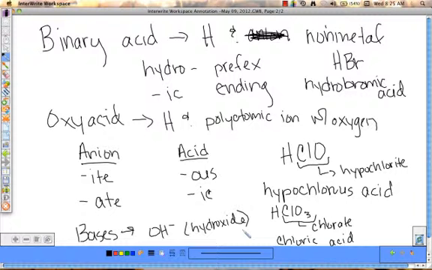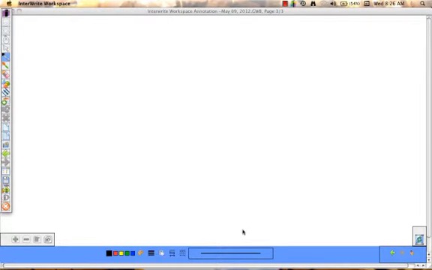Questions on naming acids and bases? Okay, acid-base conjugate pairs. First, you have to determine what's an acid.